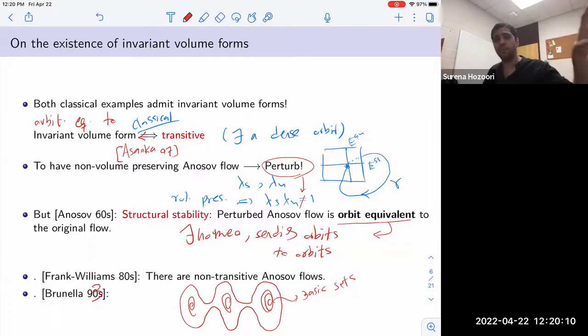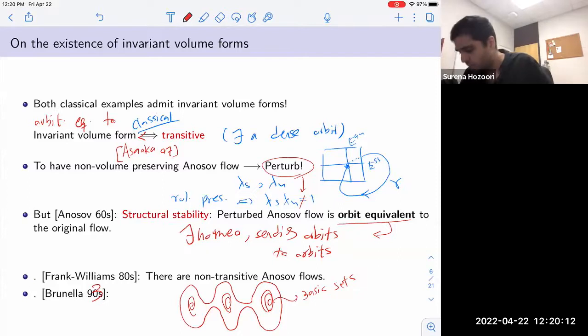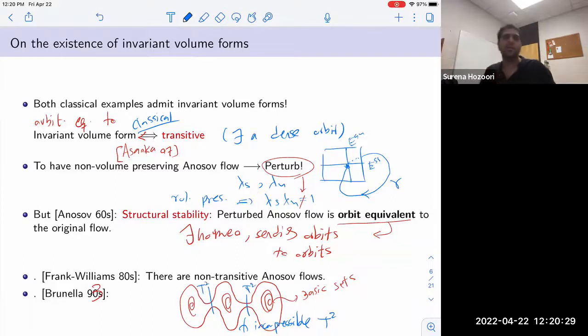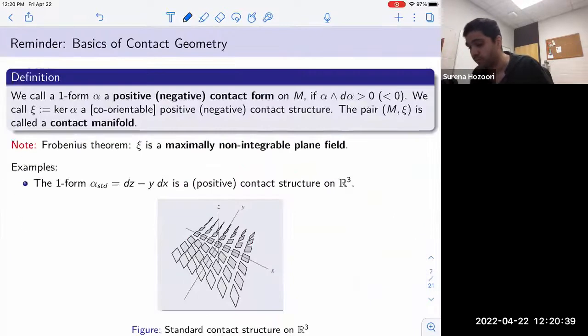So that compact subset is in some sense transitive, and you have incompressible transverse tori separating these parts. So basically that tells you that you can break any non-transitive Anosov flow into a bunch of transitive pieces, and that's how you can think of general Anosov flows. Okay.